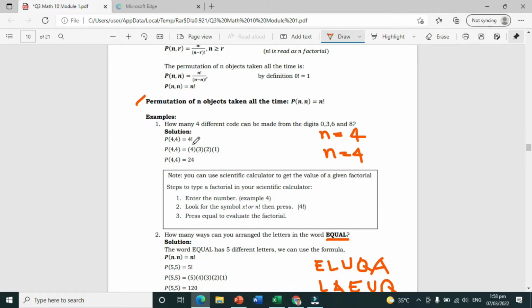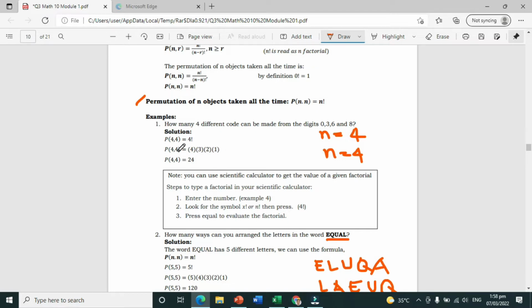So, whenever you see para may exclamation point, hindi yan exclamation point actually, but it is a symbol for factorial. So, pag sinabing 4 factorial, the numbers that we're going to multiply starts with 4, tapos bababa na hanggang 1: 4 times 3 times 2 times 1.